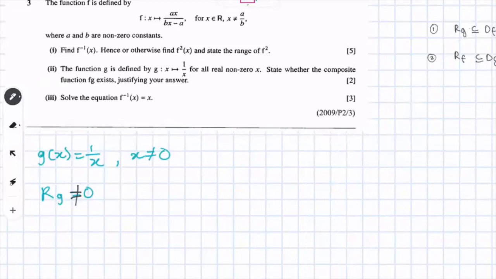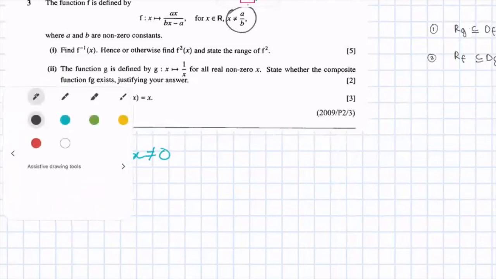What is the domain of F? The domain of F is not A over B. How do I know what A over B is? You don't know. Some positive number, let's say 3 over 5. But what if B is 0?